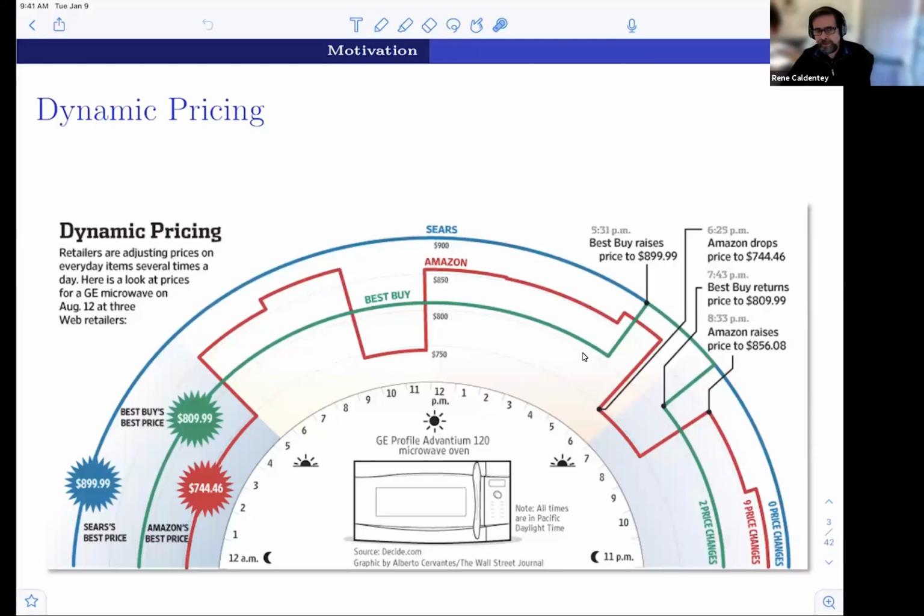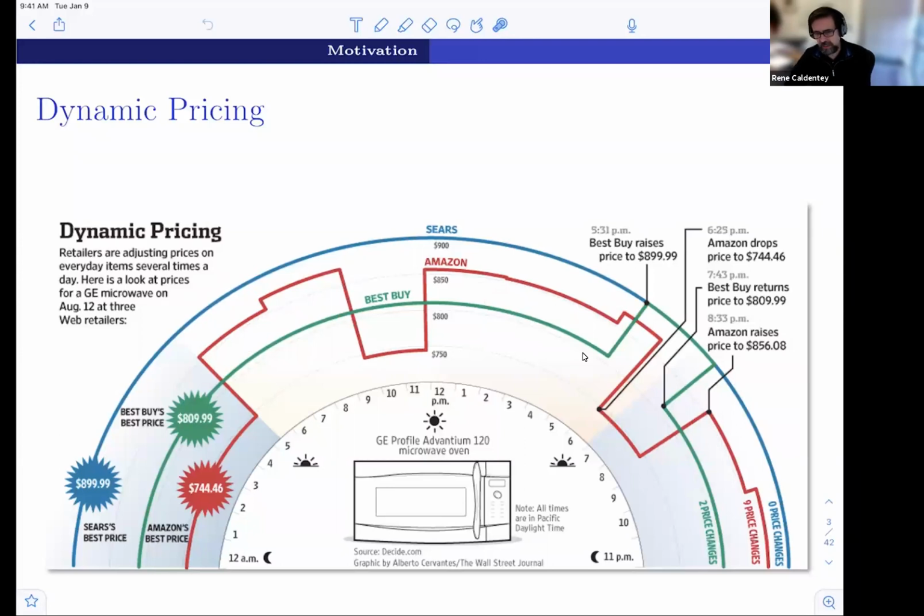But then you have these other companies which actually start changing the price. For Sears, it's pretty much constant throughout the day. But then here we have some price changes that are happening, right? So in the case of Best Buy, this product had two price changes during this day. And then you have Amazon in red, right? And Amazon is moving all over the place as we look at this pricing.